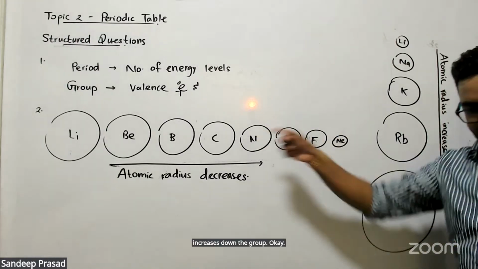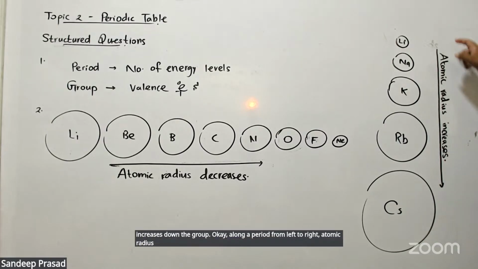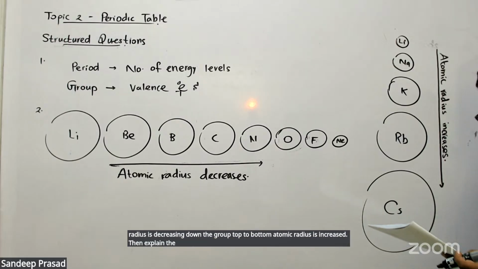Okay. Along a period from left to right, atomic radius is decreasing. Down the group, top to bottom, atomic radius is increasing. Then explain the trend in atomic size across a period and down a group.